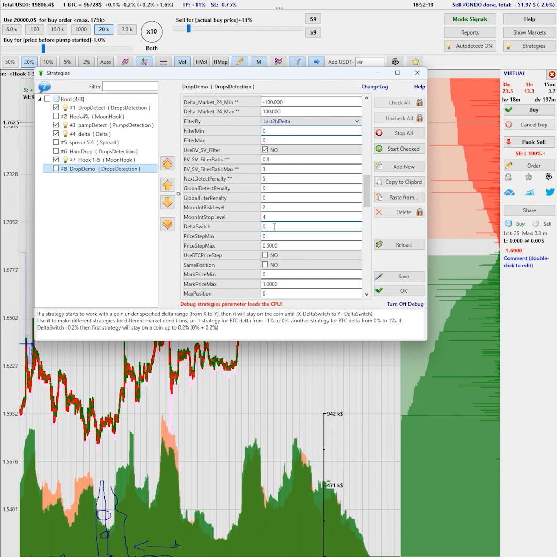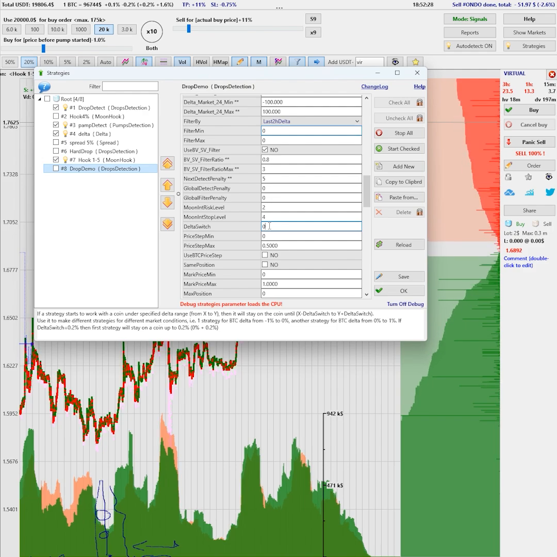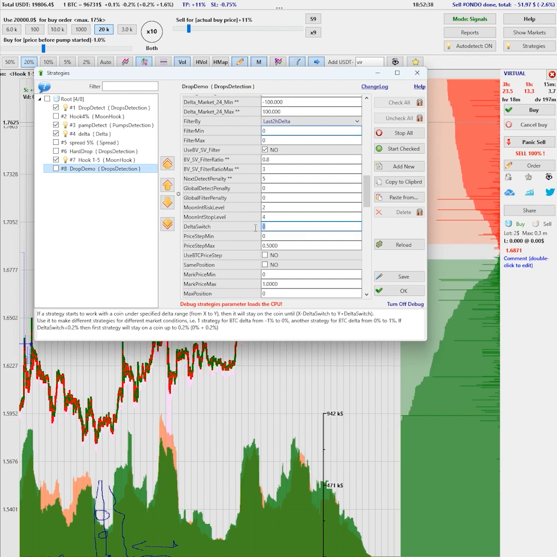What this delta switch does is act as a ratio to multiply those other deltas, so that the strategy keeps working on the coin that it's been working on, even though deltas no longer pass the filters. For our purposes, I'm not going to use this.